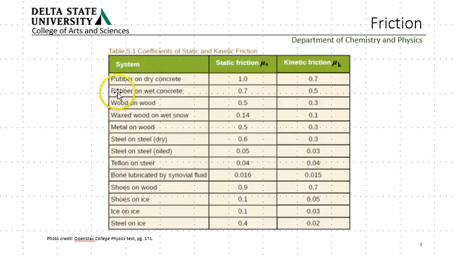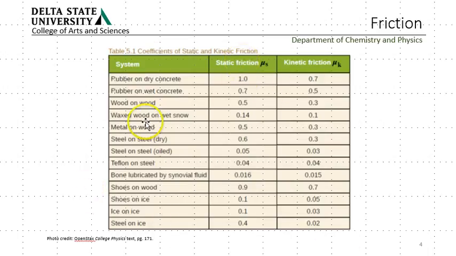And then rubber on wet concrete: coefficient of static friction 0.7, coefficient of kinetic friction 0.5. How do you get these? You have to measure this, right? You just have to go out and measure it. We don't have the techniques to actually accurately calculate this.